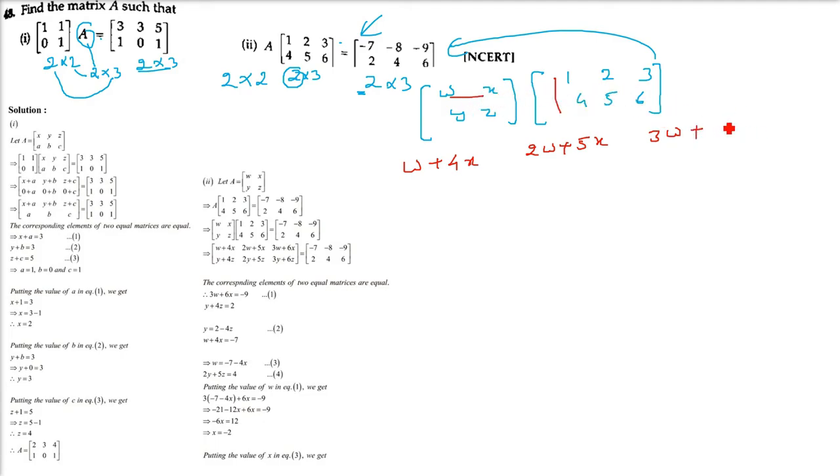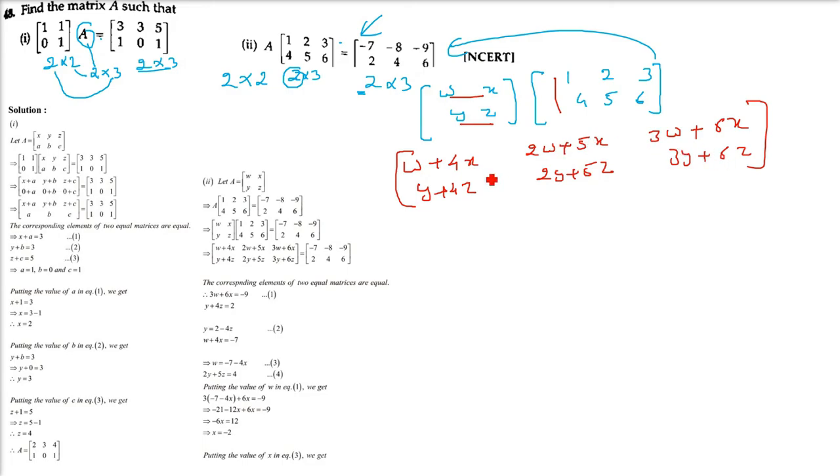Okay. Now second row with all the three columns. So you get Y plus 4Z. Then you have 2Y plus 5Z. Then we have 3Y plus 6Z. Right? Now this one which we have got has to be equated with the values on the right hand side.